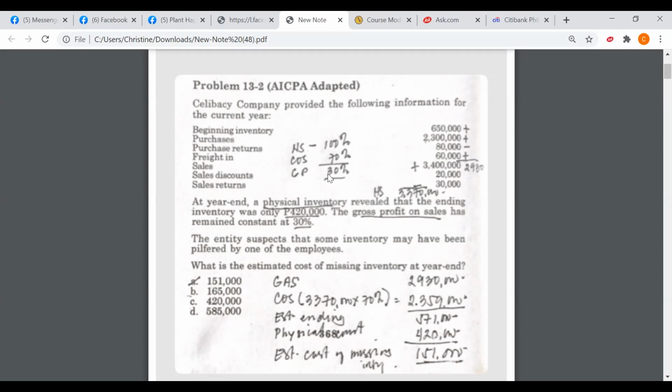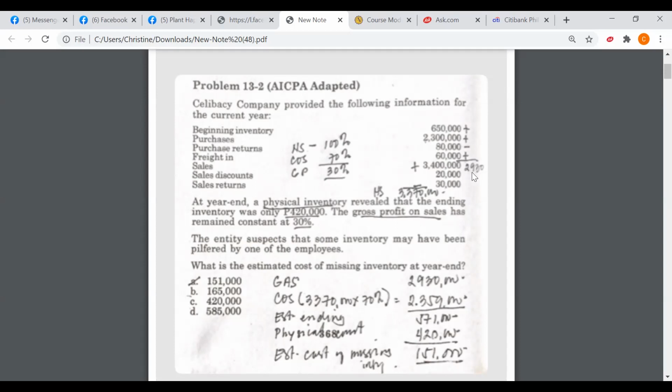After getting the COS rate, you need now to compute your GAS, because take note, your estimated ending inventory is the difference between your GAS and your COS. Your GAS, of course, is your beginning plus purchases less purchase returns plus your freight in.